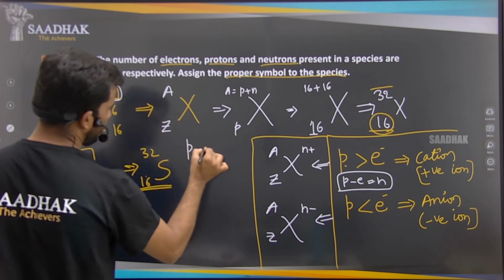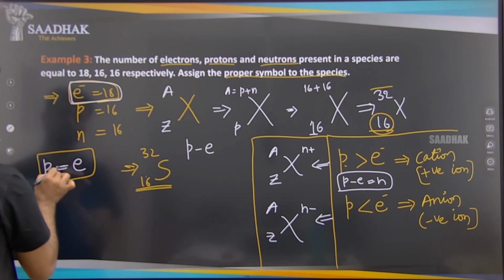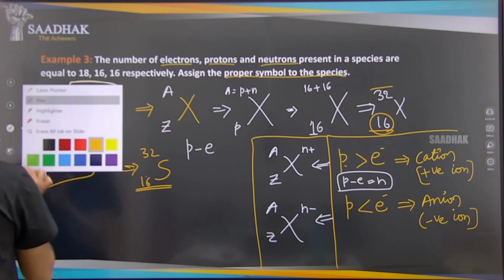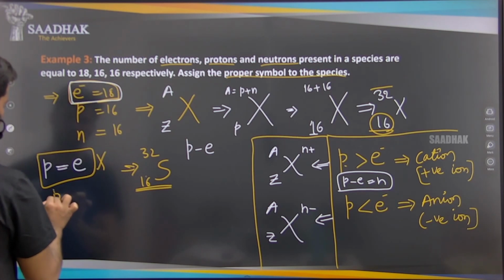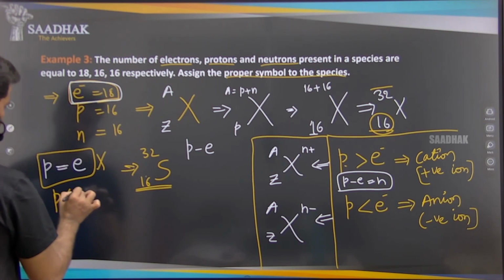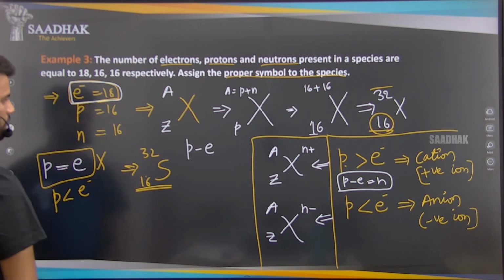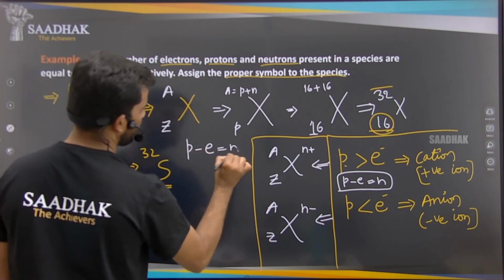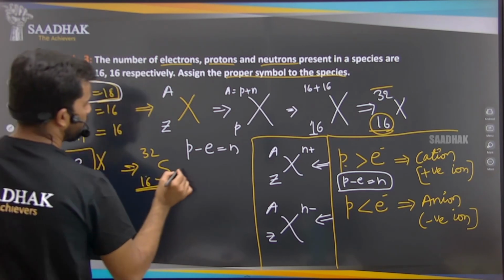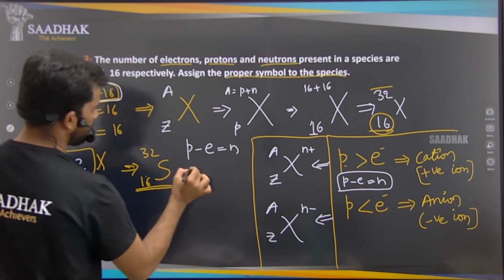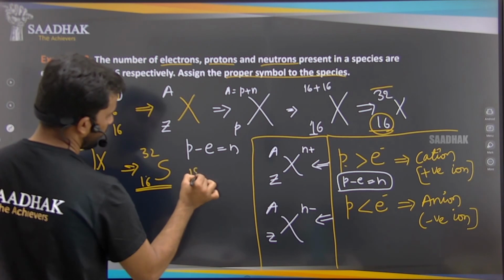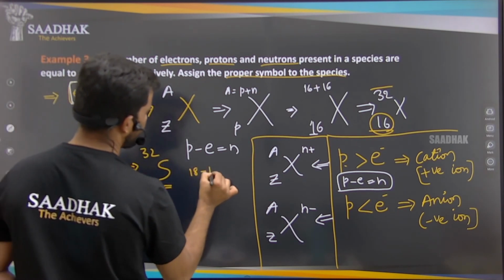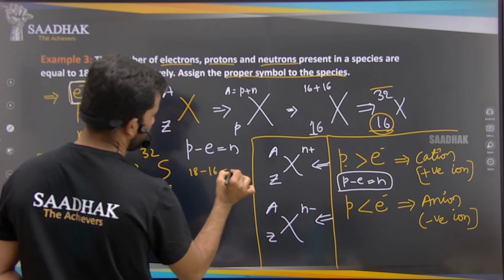Now check here. P minus E. We know that P and E are not equal here. Here P is smaller than the electrons. So we find P minus E equals N. P is 16, and the 18 electrons minus 16 protons equals 2.